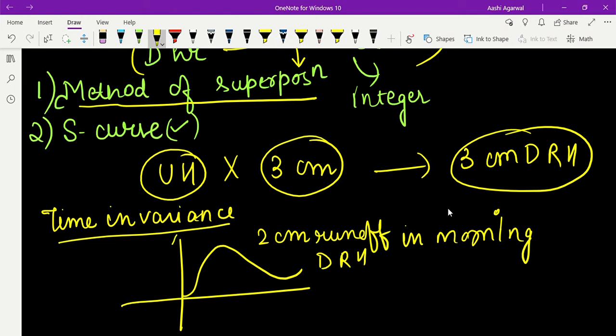So it is independent of when it occurs. That is nothing but time invariance.